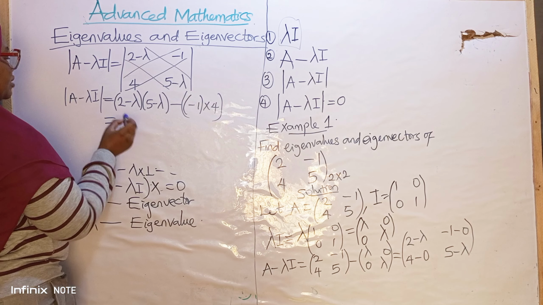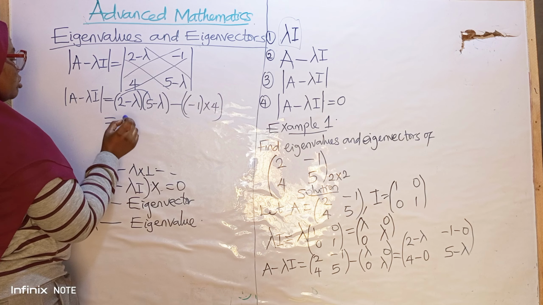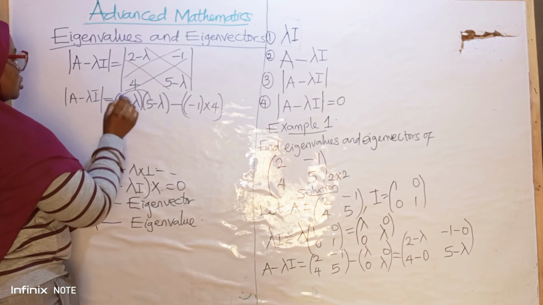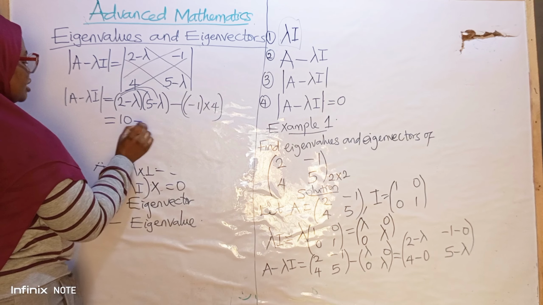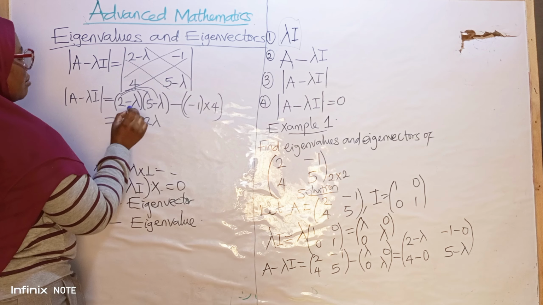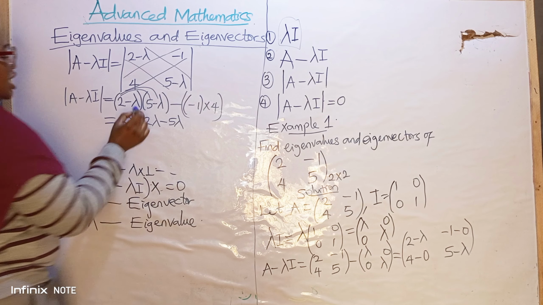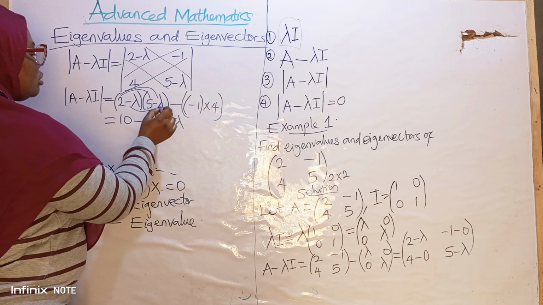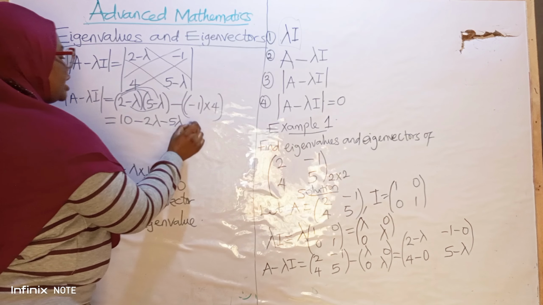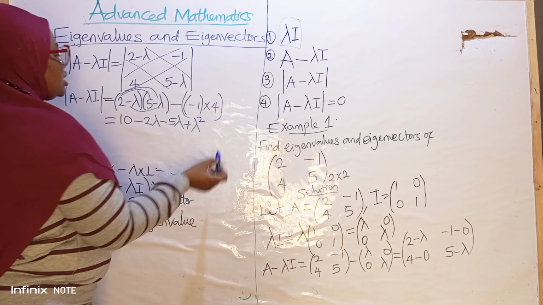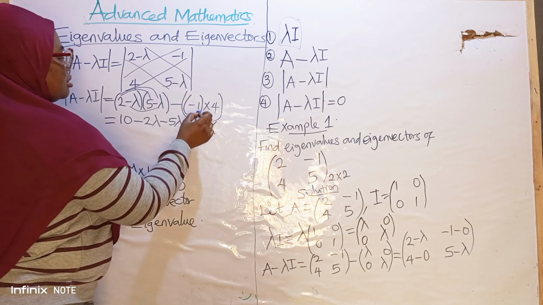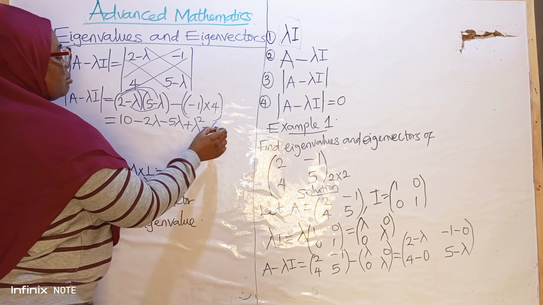Let me expand this: 2 multiplied by 5, 10. 2 multiplied by minus lambda, that is minus 2 lambda. Minus lambda multiplied by 5, minus 5 lambda. Minus lambda multiplied by minus lambda is plus lambda squared. Then here I have minus 1 multiplied by 4, minus 4.